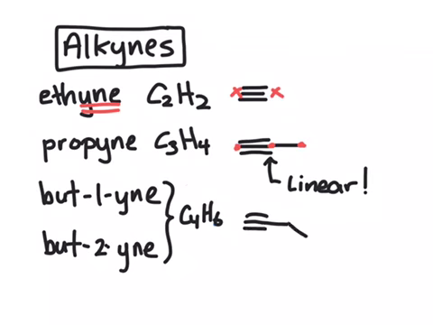So that would be but-1-yne, or triple bond in the middle, and that would be but-2-yne. And I'm just going to highlight here where our carbons are. So we have 1 carbon, 2 carbons, 3, 4, 1, 2, 3, 4. So with a linear shape around that triple bond.